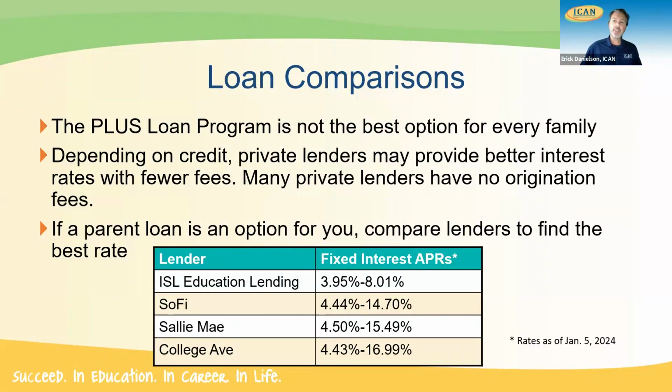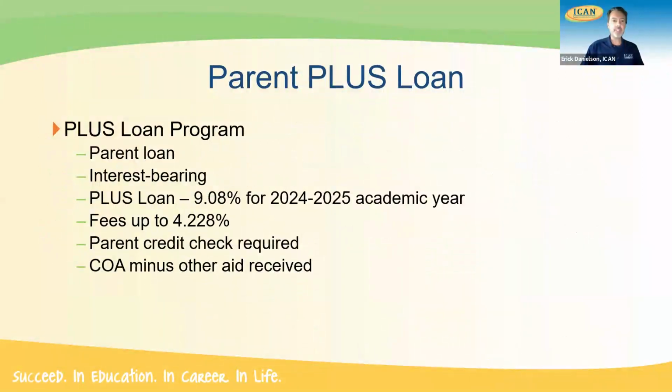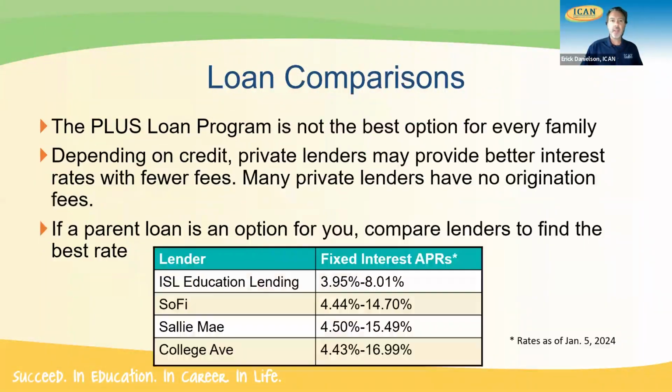Another thing to mention between the PLUS loan and the private loan: the PLUS loan is only in a parent's name. There's no co-signing option with the PLUS loan. With a private loan, it can be just in a parent's name, or a parent could co-sign for the student.